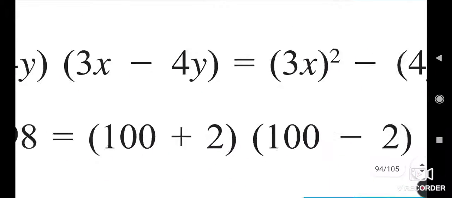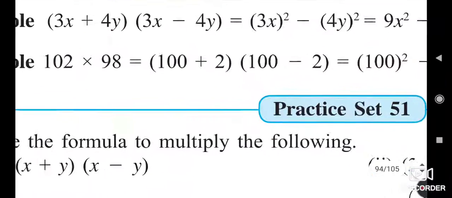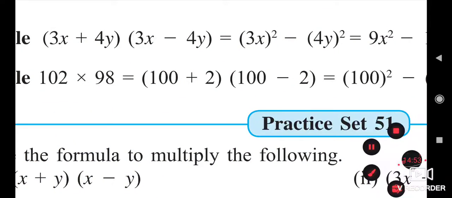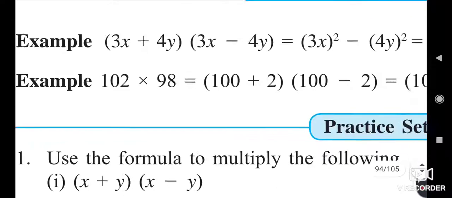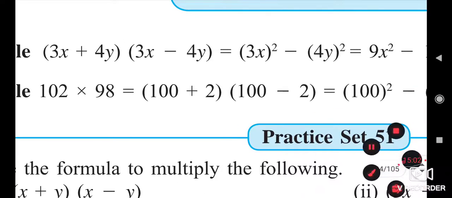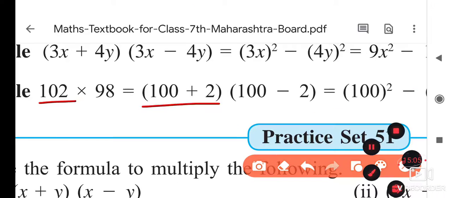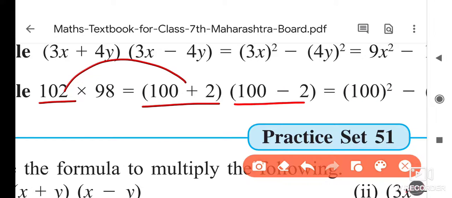The next example given to us is 102 into 98. That also we can solve by using our a plus b and a minus b factorization method. 102 means 100 plus 2, and 98 means 100 minus 2. Now we have a plus b and a minus b.